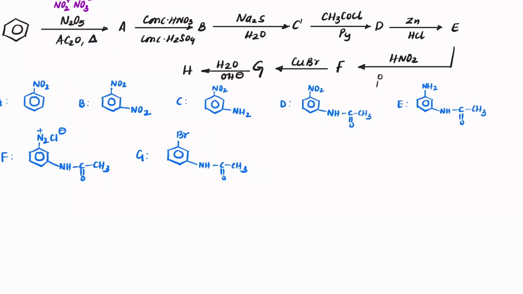Next, what is H? H is about removing this, hydrolyzing this again. Amides on hydrolysis, we learned in carboxylic acid that amides can get hydrolyzed and that will give you NH2 and CH3COOH. Okay, CH3COO minus because it is in basic medium.